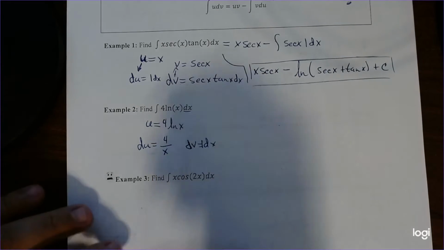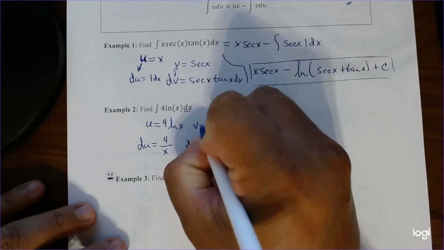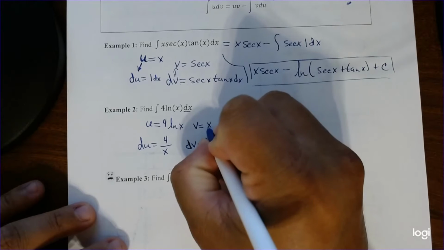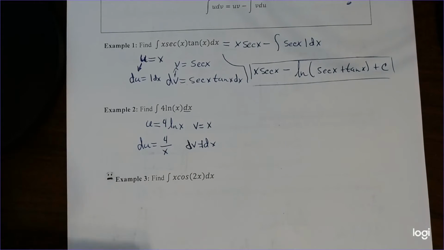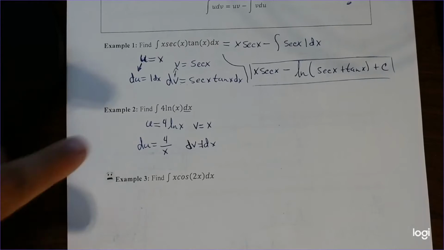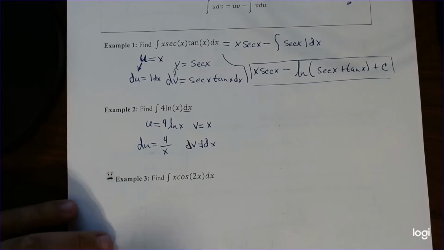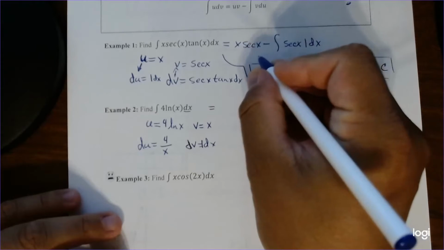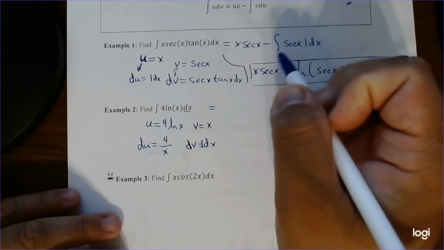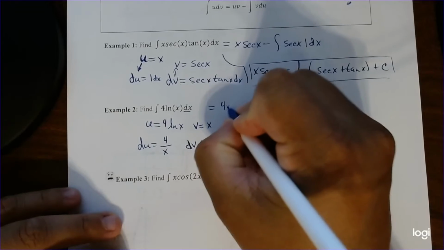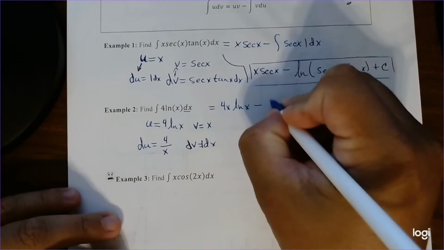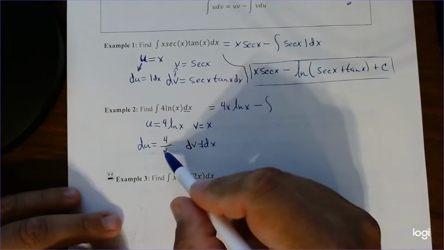So if we take the integral of that, that's just going to be x, right? Integral of a constant is just the constant with the x value. That's why it's kind of a trick question. So now, using our integration by parts, it's going to be u times v, so 4x natural log of x, minus the integral of v du.